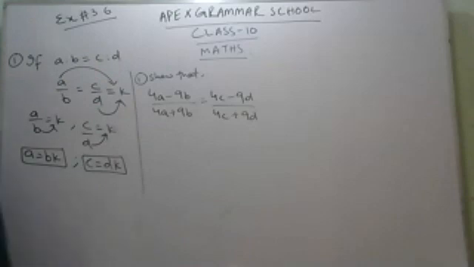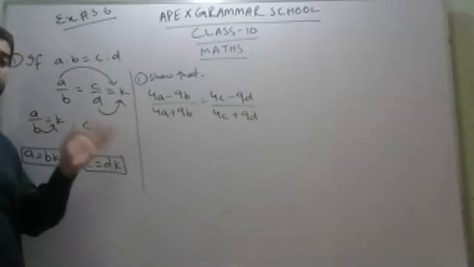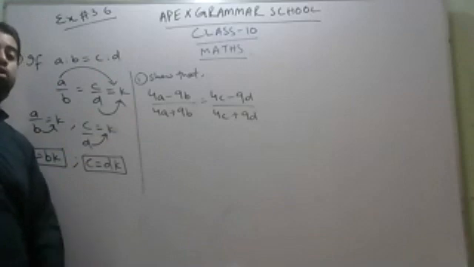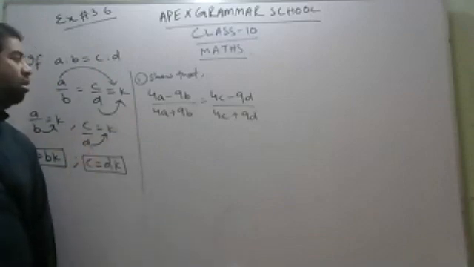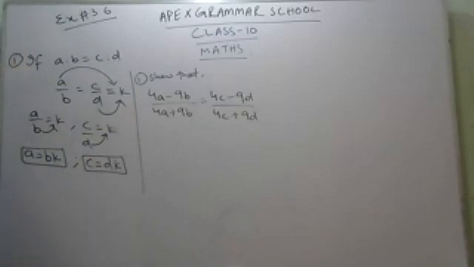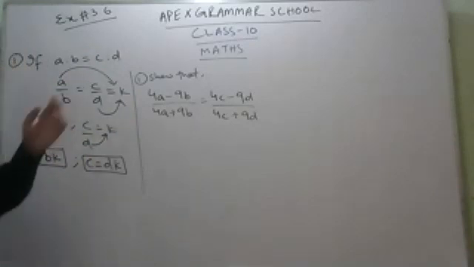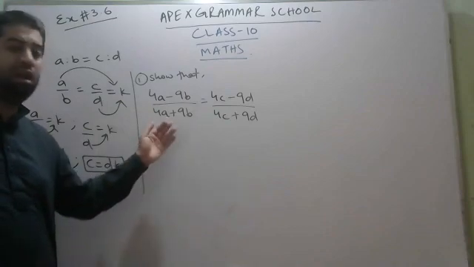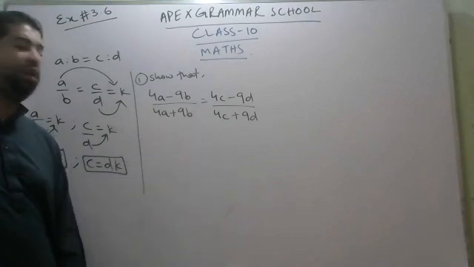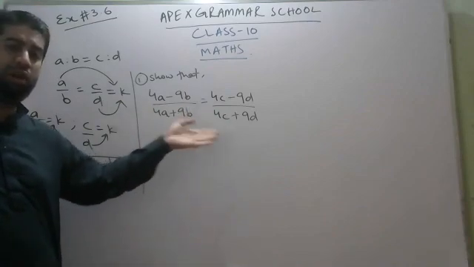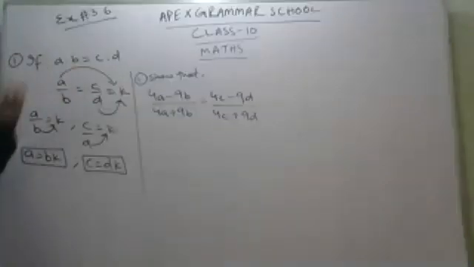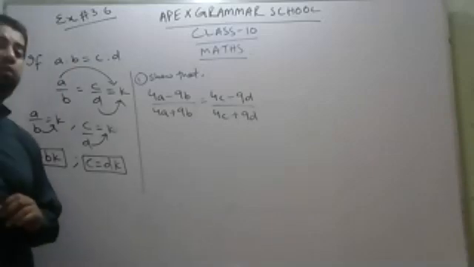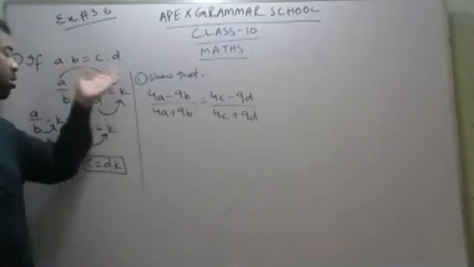We have already acknowledged that if both are equal, then both are equal to some constant number, through which we can make any relation, that is K. So this is called the K method, and through this we can easily prove this. So we can't apply the componendo and dividendo theorem here. Although we could, if we applied componendo and dividendo, we would get this proof. But this is not that situation, because in componendo and dividendo we don't have any knowledge about whether both are equal or not.